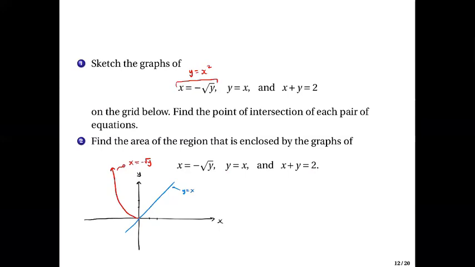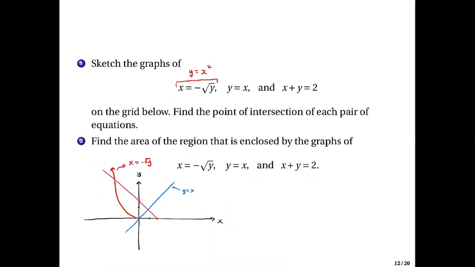So when x equals 0, y equals 2, we have this point. And when y equals 0, we have x equals 2. So we have this point. If we sketch this, we will have the line that looks something like this.